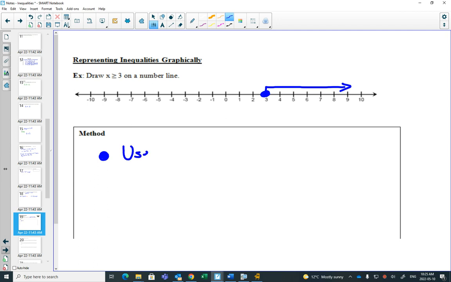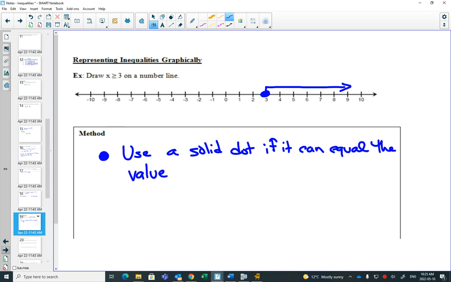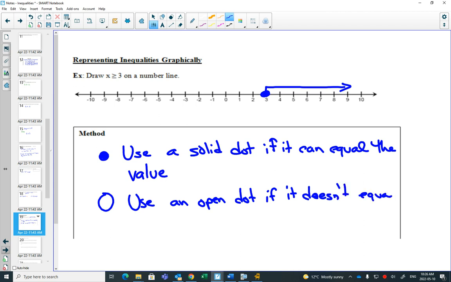First note, so we're going to use a solid dot if it can equal the value.